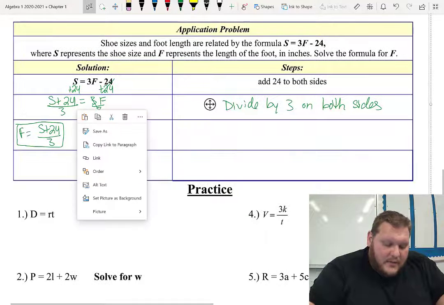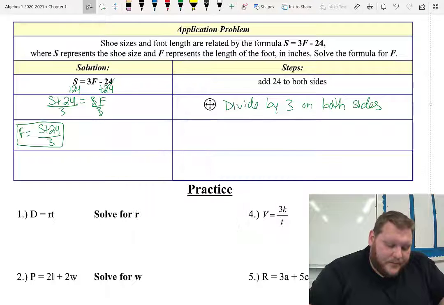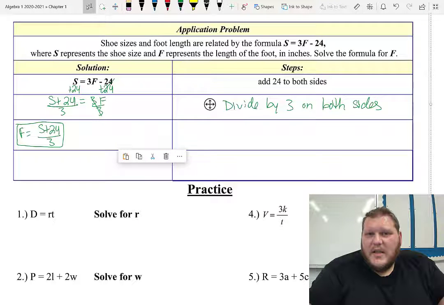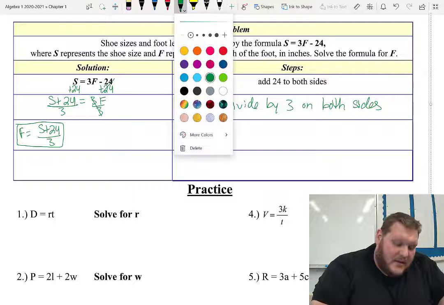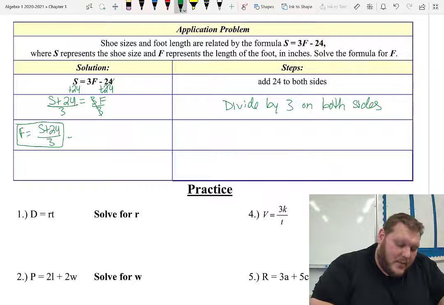But if you want to, because 24 divided by 3 is a whole number, what you're allowed to do is take this equation and split this up.